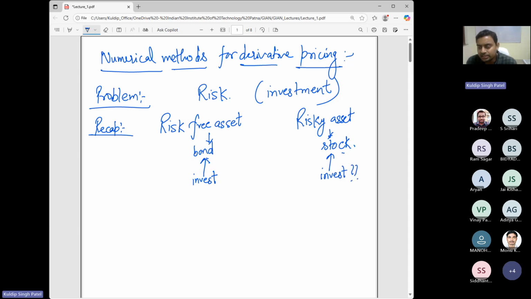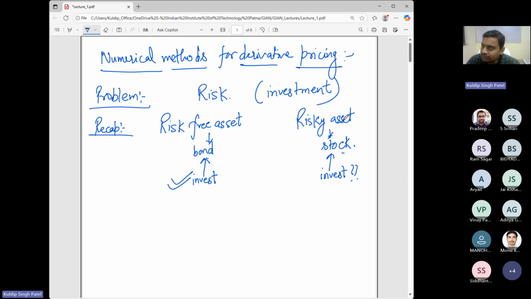Of course not, right? Here it depends on how the stock behaves. So someone can simply ask, if here it is fixed, why should we not always go for bonds? Why should we go for stocks?